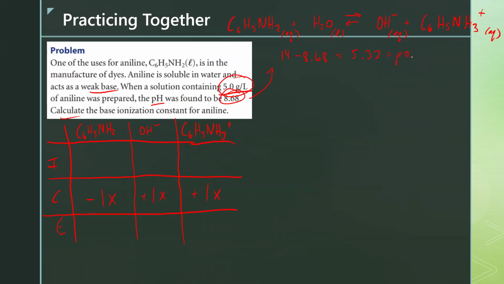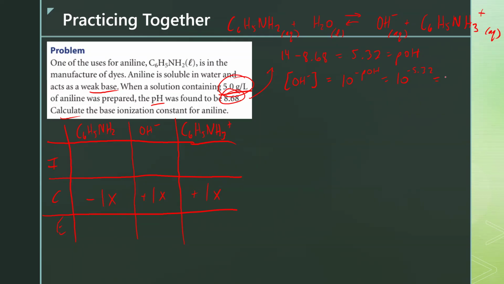That is our pOH. And the formula for finding our OH negative concentration is like a total mirror image of the one that we had for H3O positive. OH negative concentration is 10 to the negative pOH. So let's throw this in. 10 to the negative 5.32 gives us a pretty gross number.